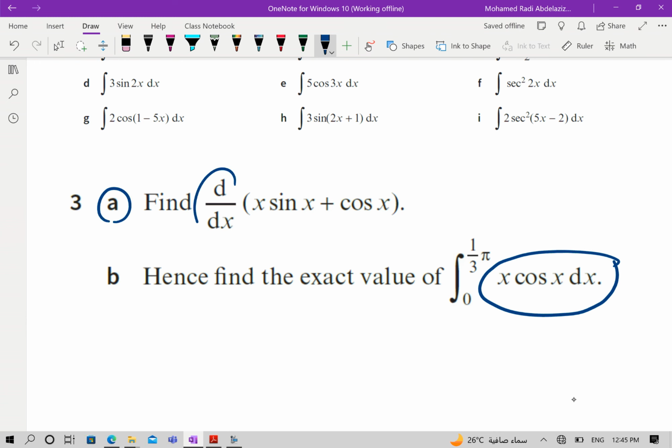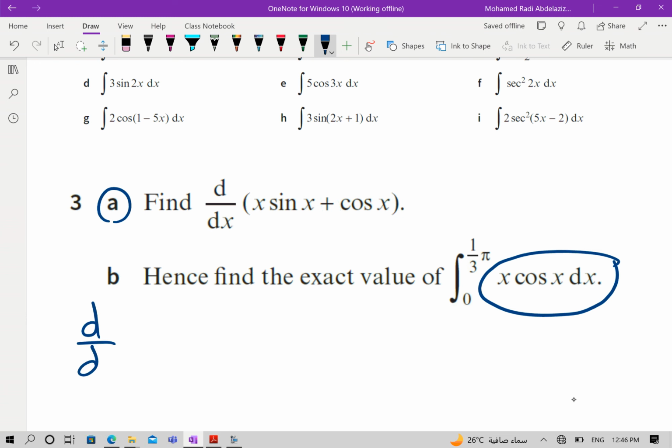d over dx means differentiate. If it is plus of separate functions, differentiate the first one plus differentiate the second one. But the first one is a product of two functions, u times v. Don't try to differentiate each; it's u dash times v plus v dash times u.